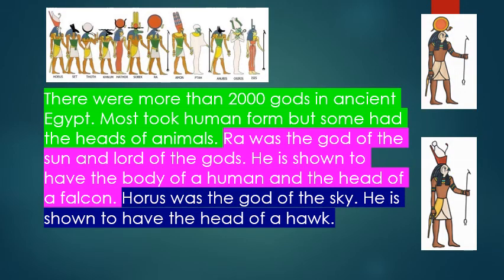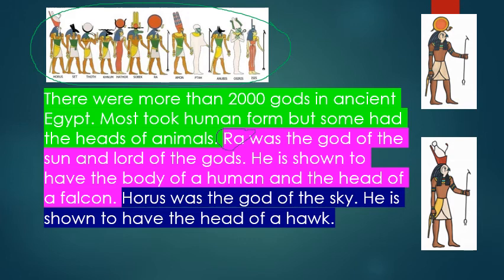Okay, I'm hoping that you've got something along these lines. The green here, there were more than 2,000 gods in ancient Egypt. Most took human form, but some had the heads of animals. Now that discusses all of the gods as a whole, speaking about 2,000 gods. The second paragraph, the pink one, was all about Ra. So Ra was the god of the sun and lord of the gods.